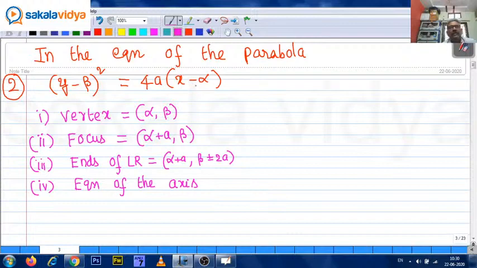You remember this one, the square term needs to be equated to 0. The equation of axis: y minus beta equals to 0, the square term equated to 0.